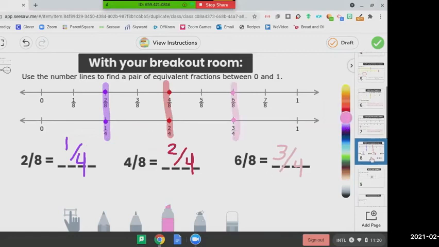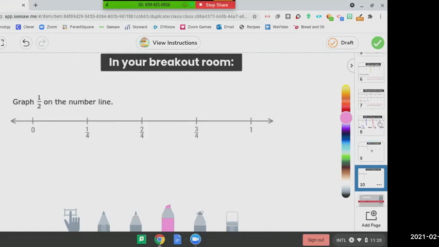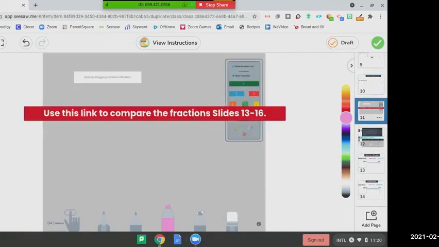Okay. Slide 9 says with your teacher, but there is a video there explaining that. So I'm going to ask you today during your independent work time to watch this video on slide 9 explaining the work, and then complete slide 10. Okay. Slide 11 is showing you the tool that we used yesterday. There's a link right here to get you directly to it.